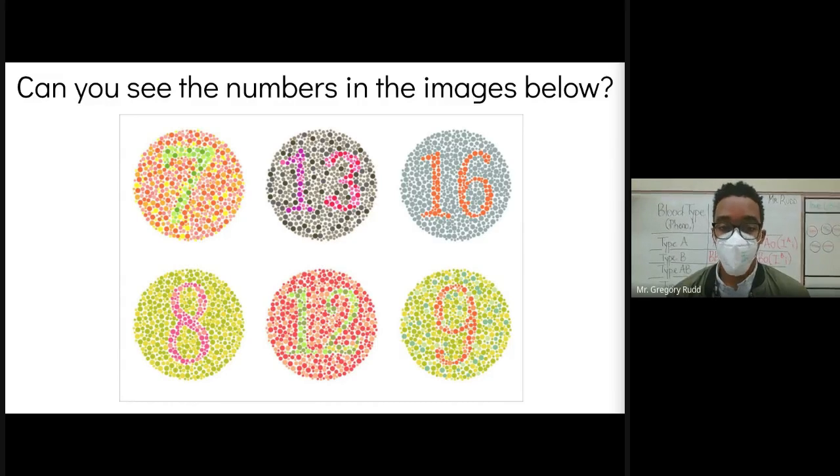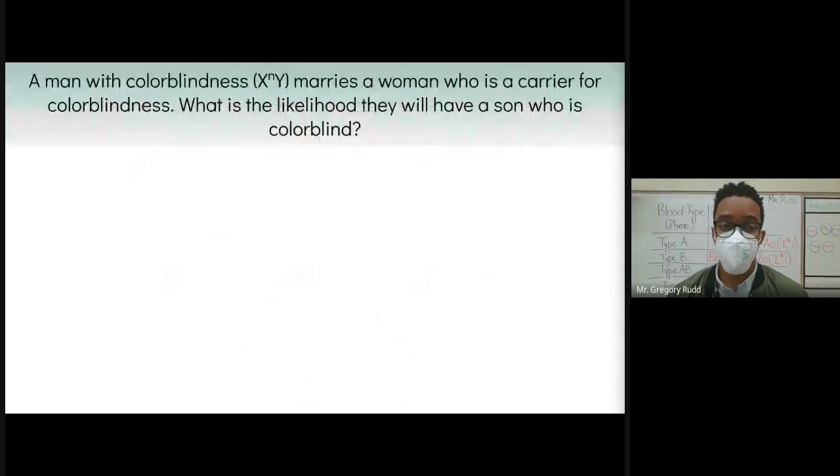So this is all because of a sex-linked recessive trait, believe it or not. It's called color blindness. So this question says a man with color blindness, and there's his genotype, marries a woman who is a carrier for color blindness. What is the likelihood they will have specifically a son who is colorblind? So we need to do the same thing. We need to make a key.